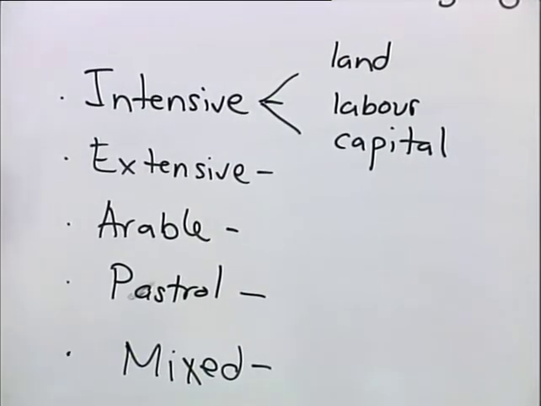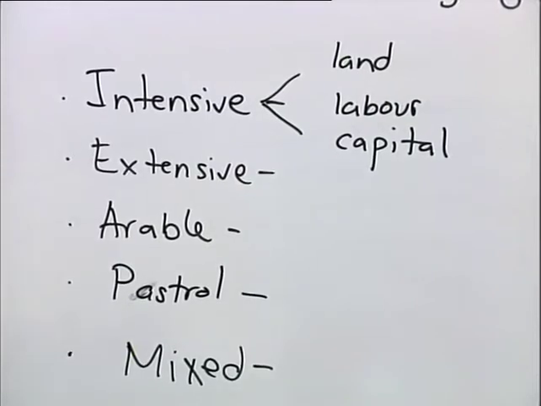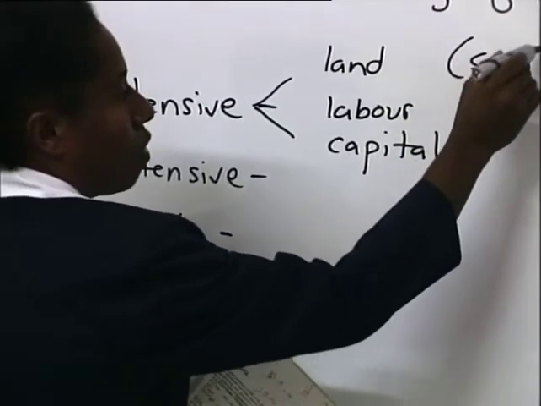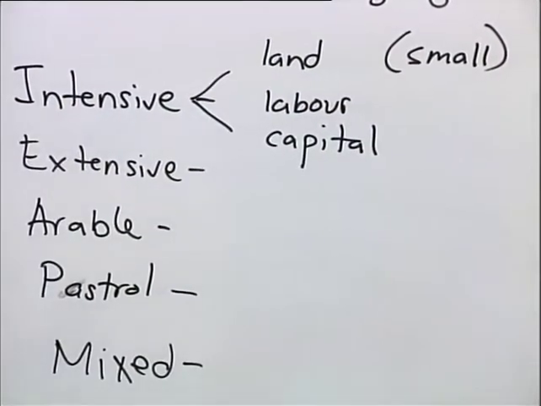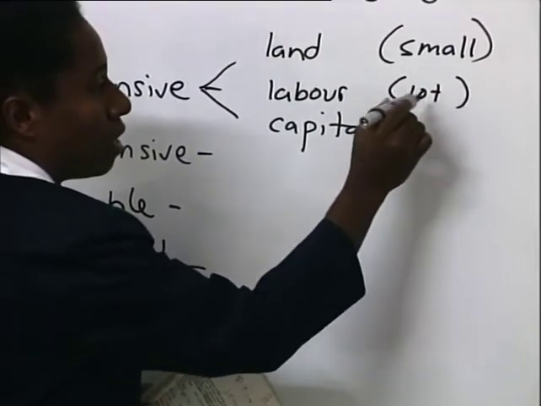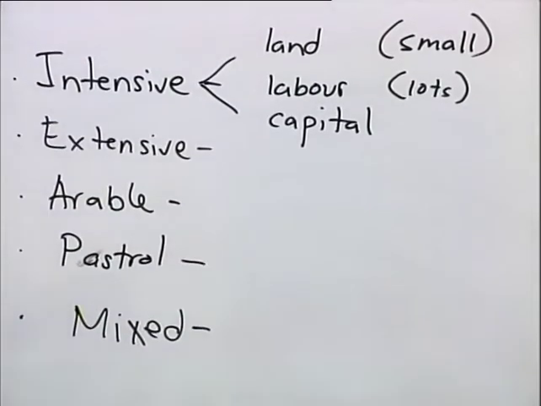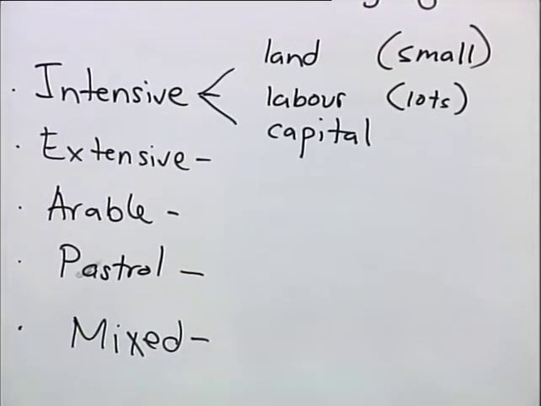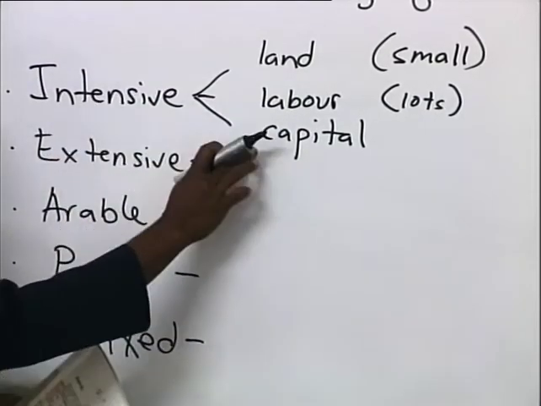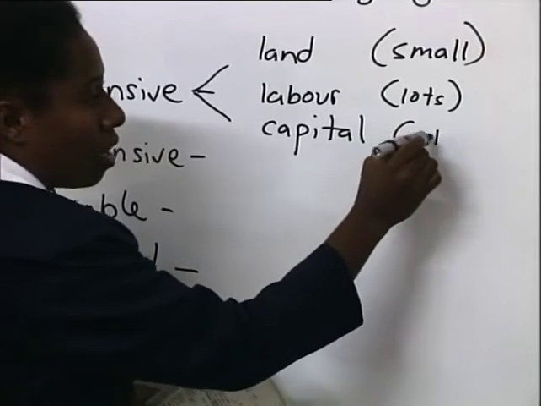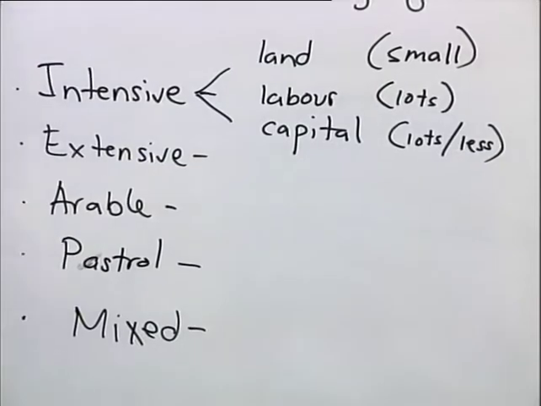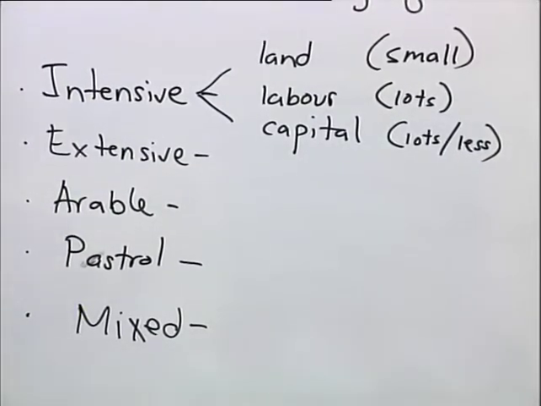For a farm to be described as intensive, land is usually small. And from that small area of land, there is a lot of labor, so many people working on the small area of land. And capital, for intensive farming, can be lots or it can be less, depending on the type of farming that is taking place.